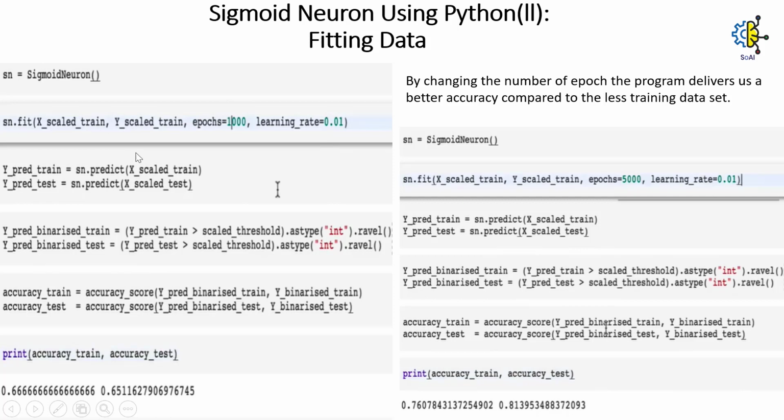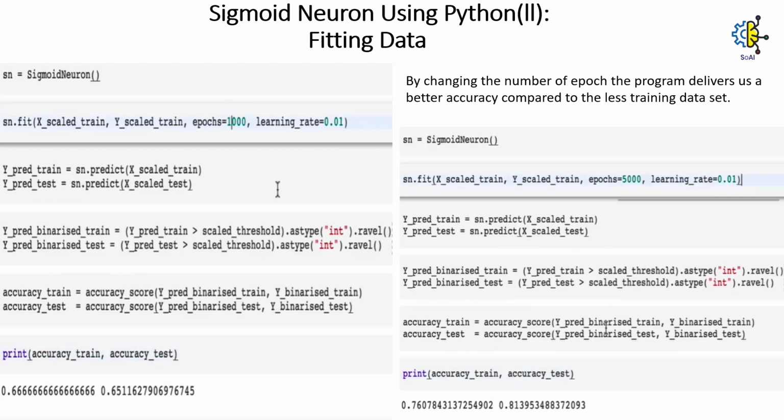And after that, I think this code is very easy to understand because in the previous slides we used the same. Y_pred_train is equal to sn.predict function X_scale_train.